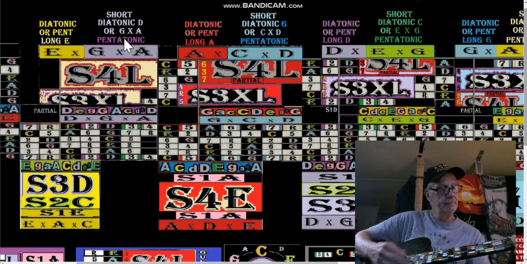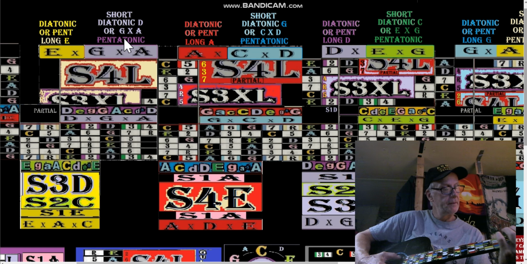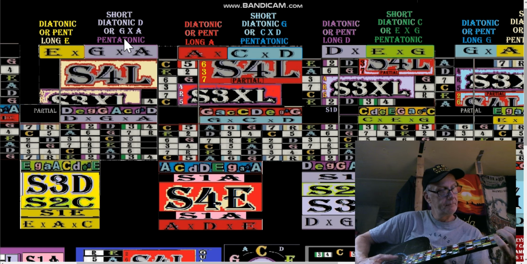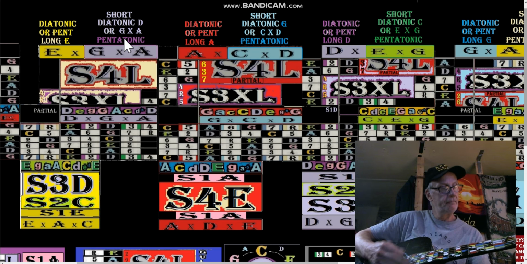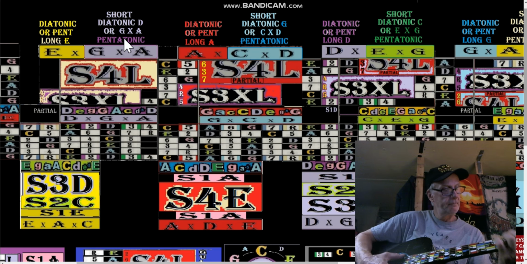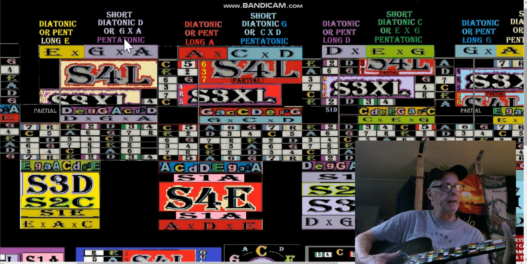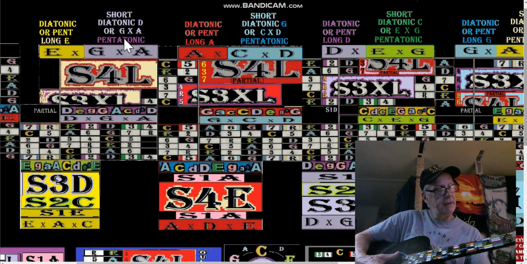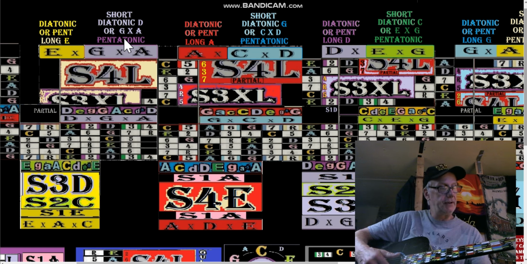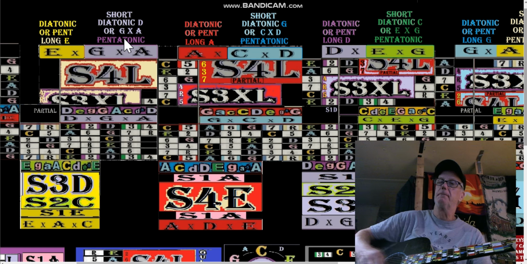So we go. I wanted to get the whole thing. And then we go to the G shape. Can play one of those little G7s down here. It's okay because it's the fifth.